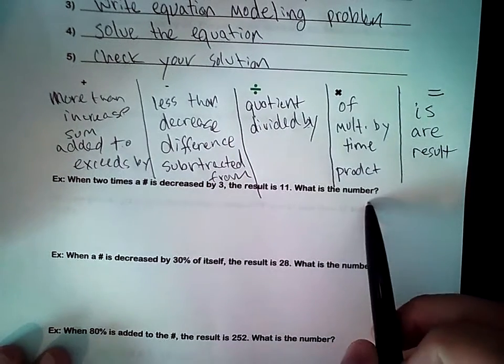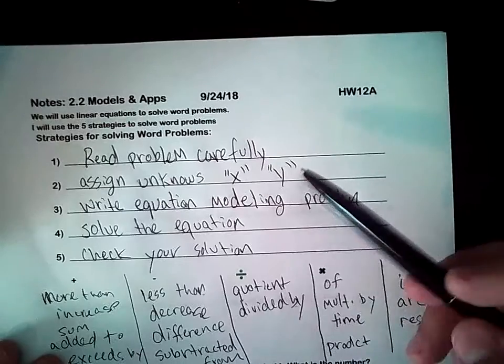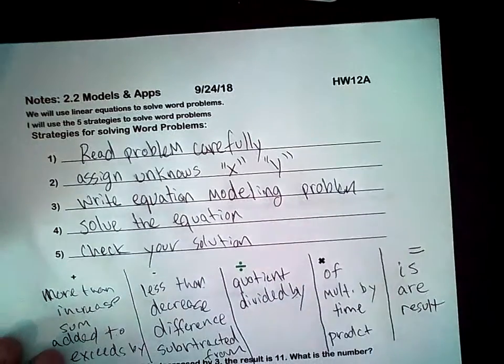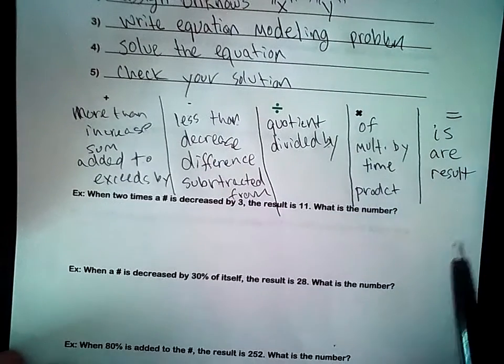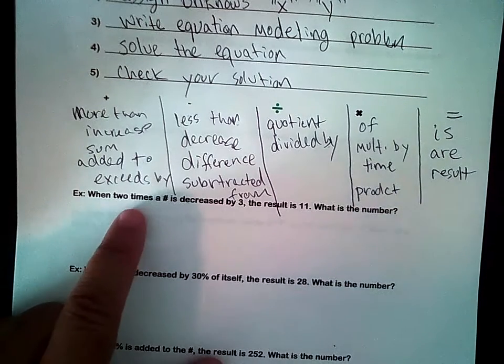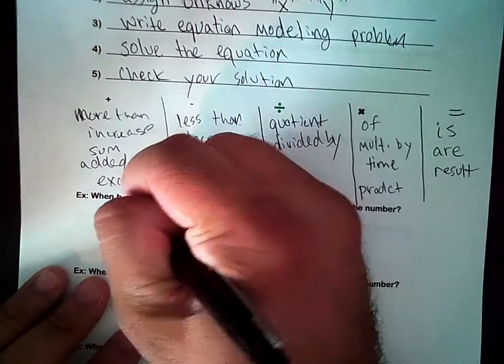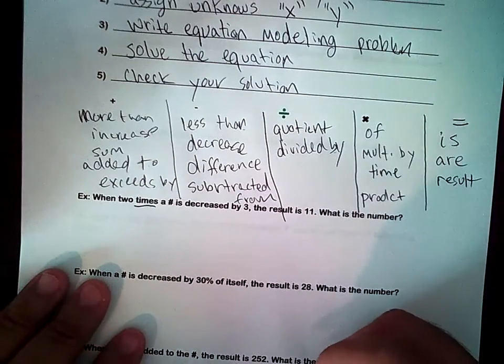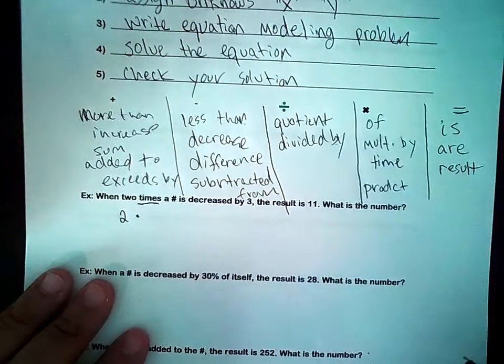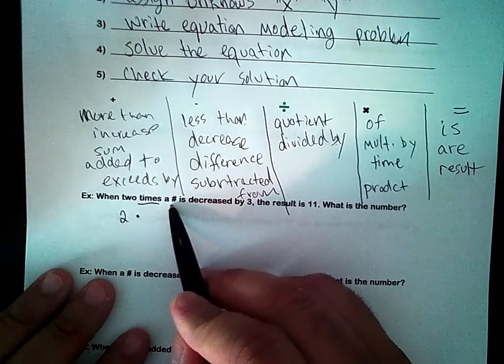Before we can find out what the number is, we're going to go ahead and assign unknowns, and we're going to write the equation. So taking a look here, it says, when 2 times... And we already said when we see that, that's going to be multiplication. So I'm going to put 2 times a number.